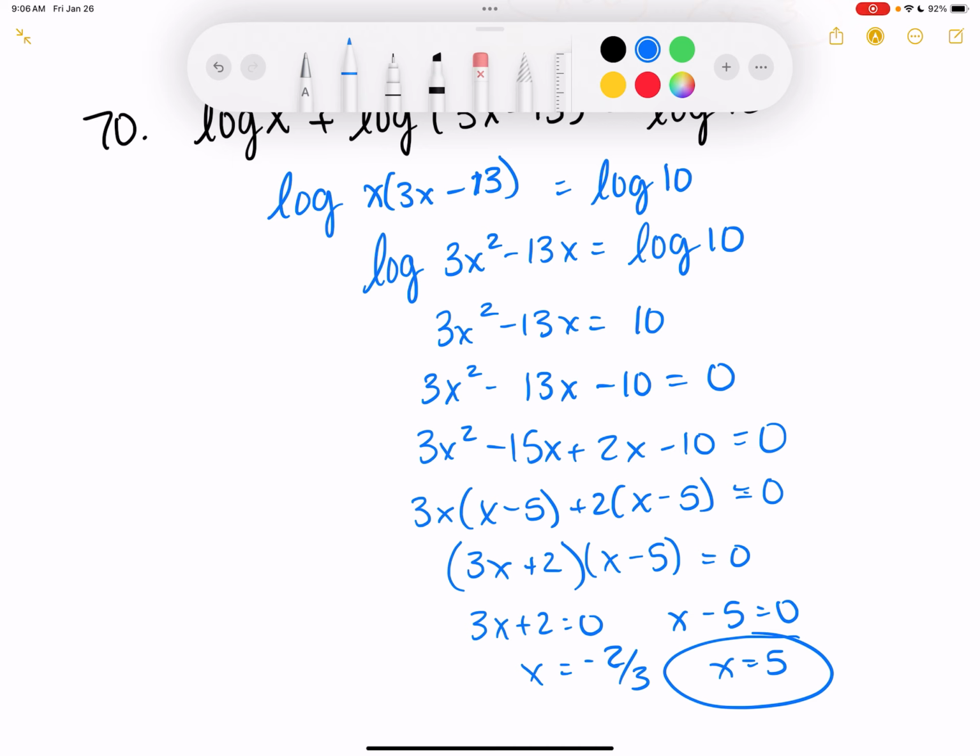Stuck? I don't know. I arrived at the same answer again. Did Josh get it? Josh, you get it?